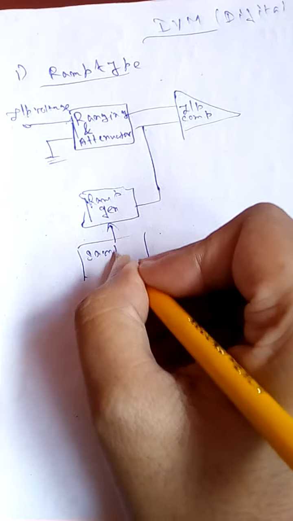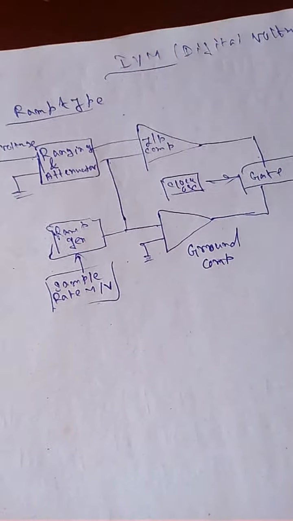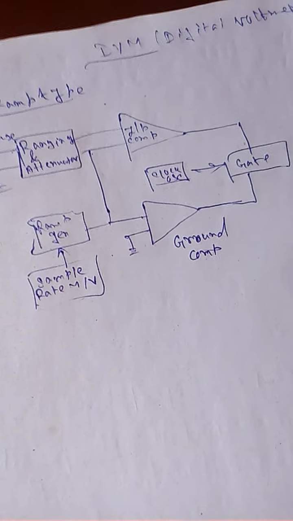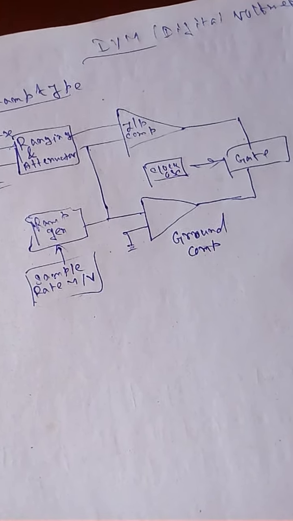One input is grounded and the other is connected to the ramp generator. Then the output goes to a gate. We apply a clock pulse to the gate, and only then do we get an output; without the clock pulse it will not be available. At the output we get the counter. So this is the general circuit of the ramp type digital voltmeter.